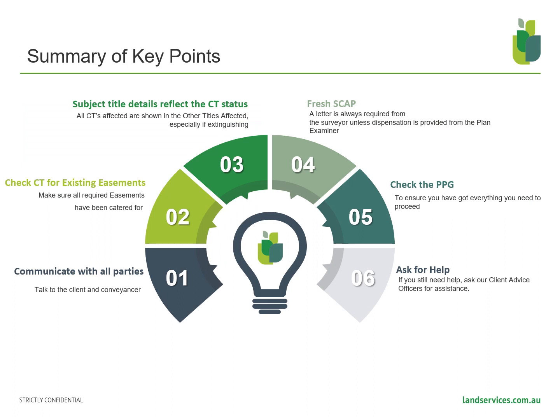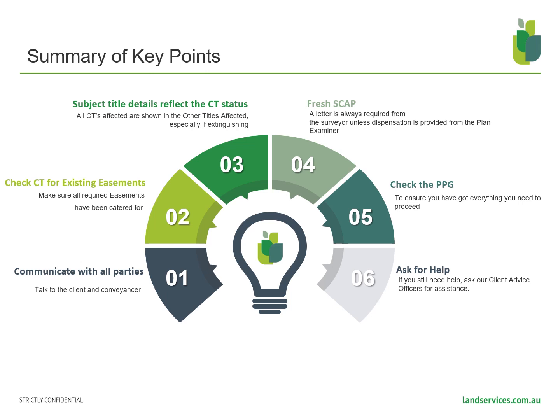The key points to remember are: talk to the client and the conveyancer. Check current CTs for existing easements and make sure all required easements have been catered for. Check the subject title details on amendment plans do reflect the CT status. All CTs affected are shown in the other titles affected, especially if extinguishing easements.